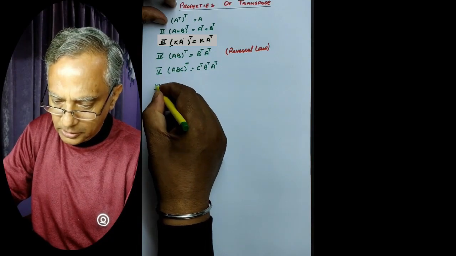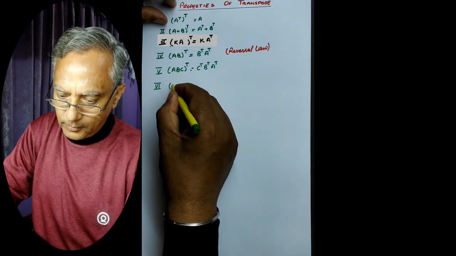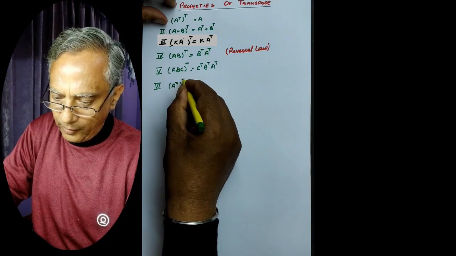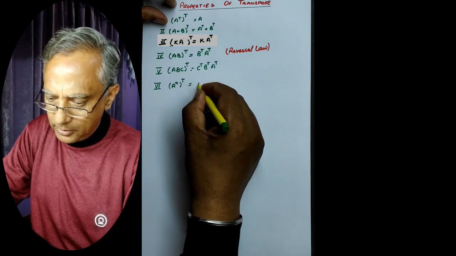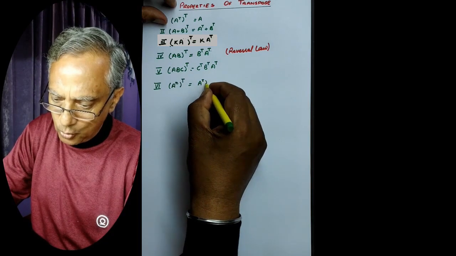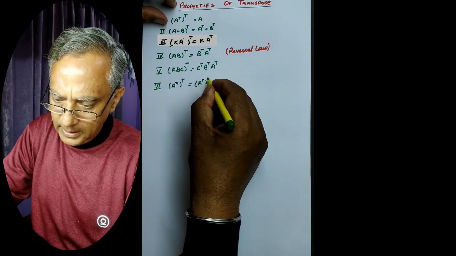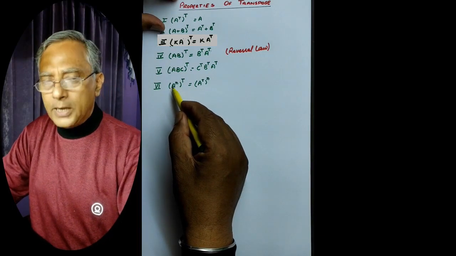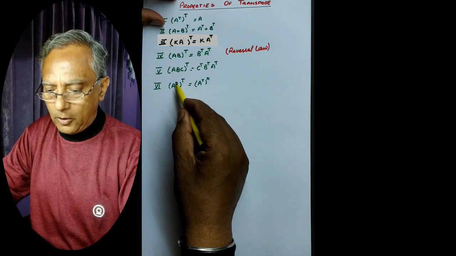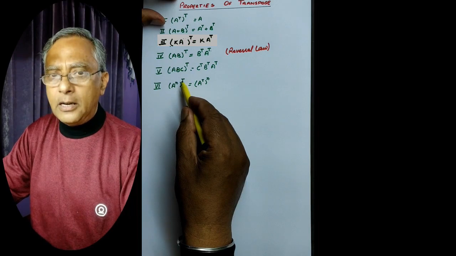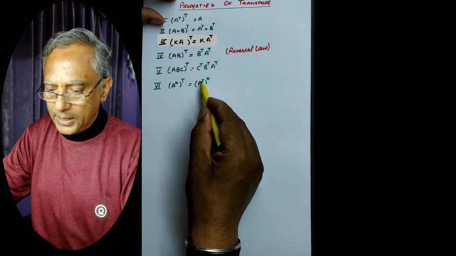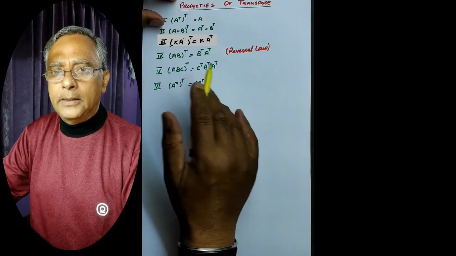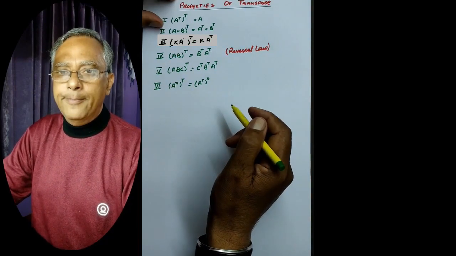And sixth property is (A to the power of M) transpose is equal to (A transpose) to the power of M. That is, if you first raise a matrix to the power of M and then take the transpose, or you first take the transpose and then raise the matrix to the power of M, the result will be same.